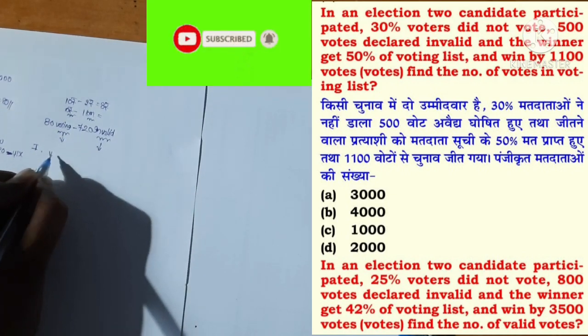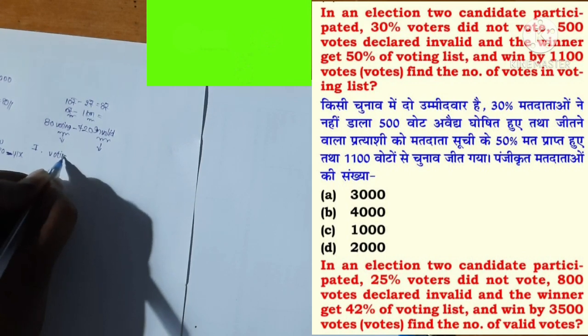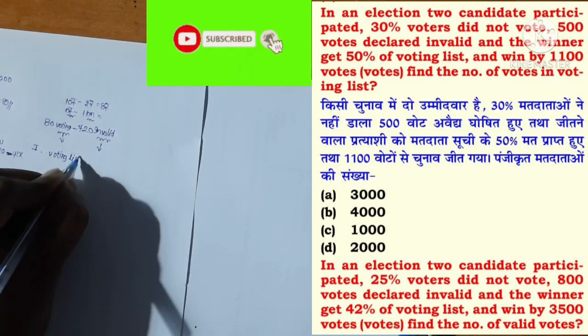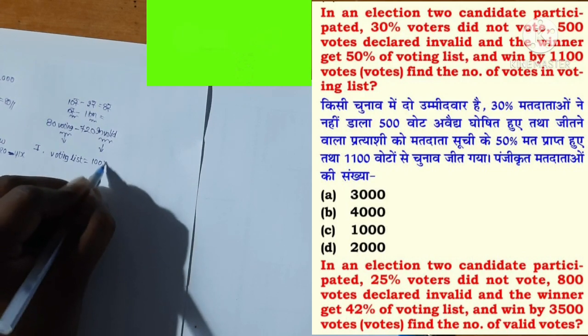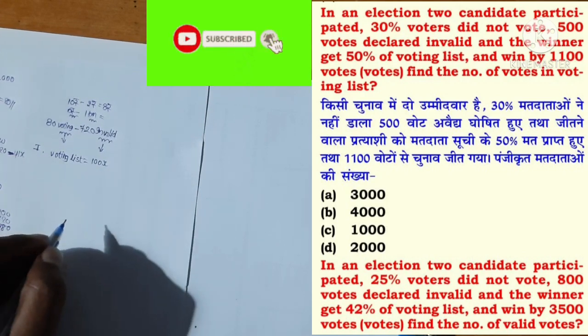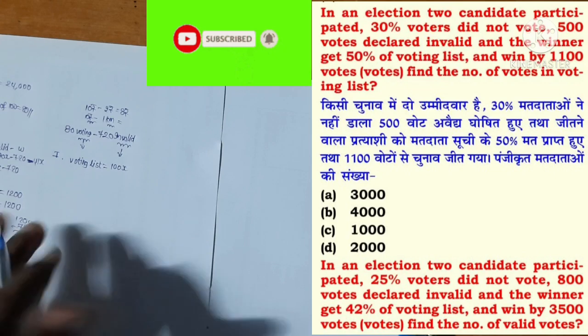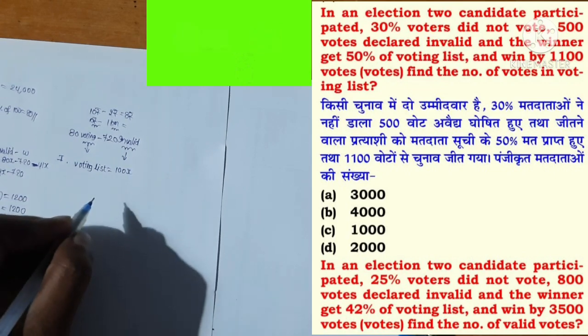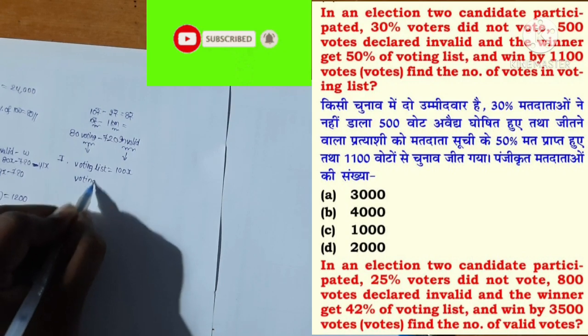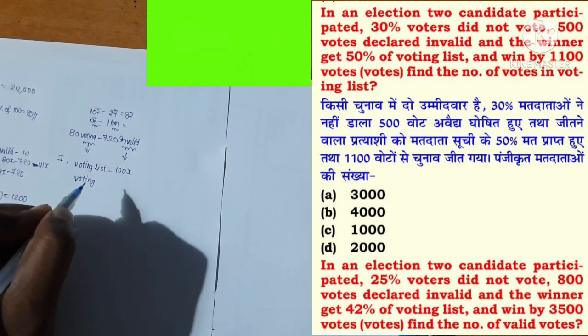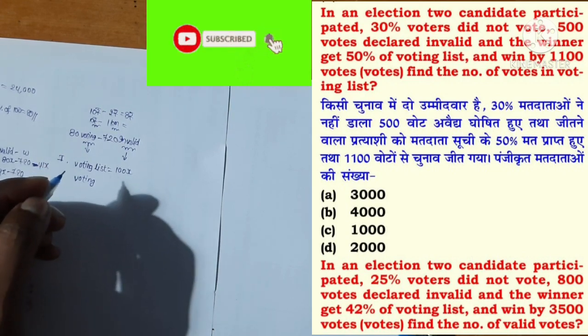Take the voting list as 100x. So voting is, 30 percentage of voters did not vote.